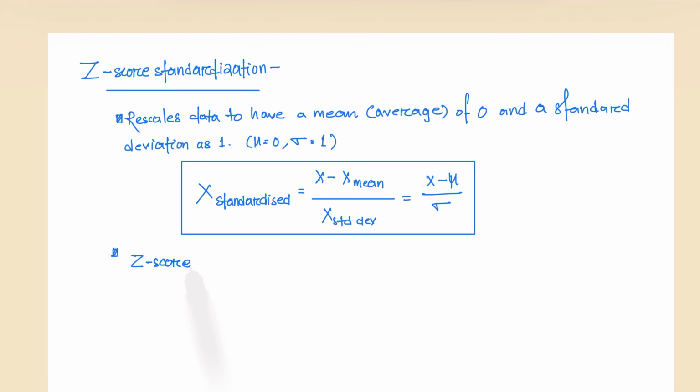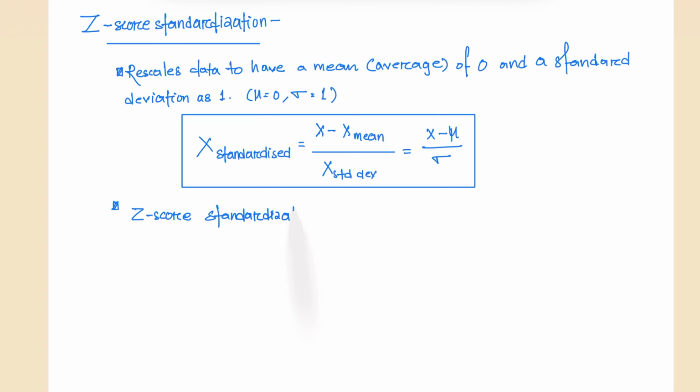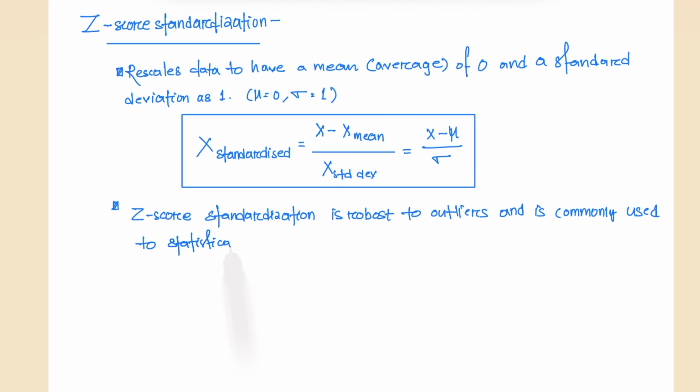The Z score standardization is robust to the outliers and is commonly used in statistical analysis and machine learning algorithms, such as principal component analysis.